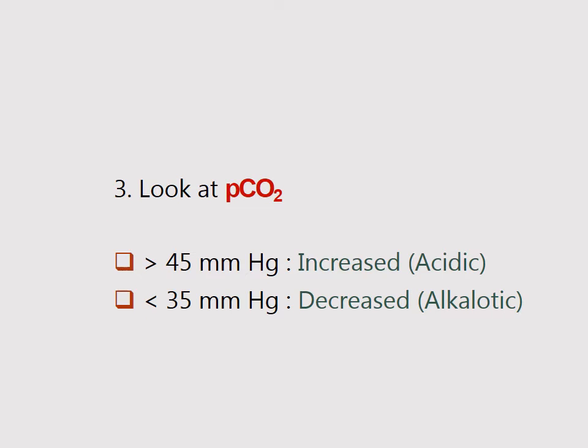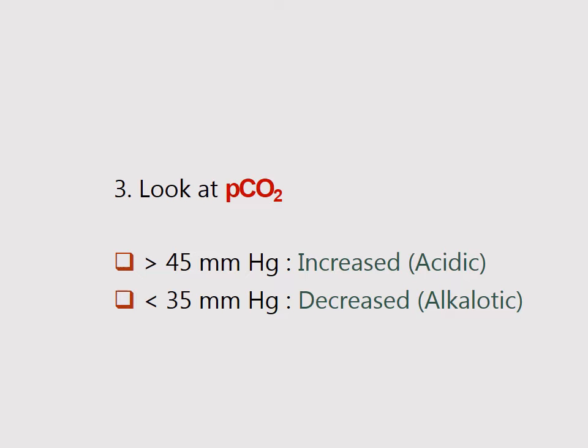Next looking at would be PCO2, the partial pressure of carbon dioxide. Why is this important? Because once we are looking at the pH and whether it's acidosis or alkalosis, the next step will be to correlate with PCO2 and bicarb. Which one of them is causing the pH to go up or down?